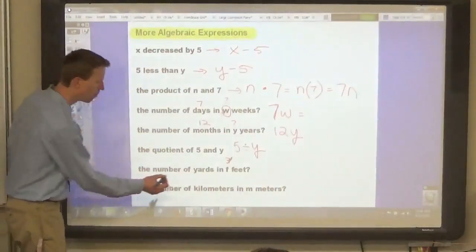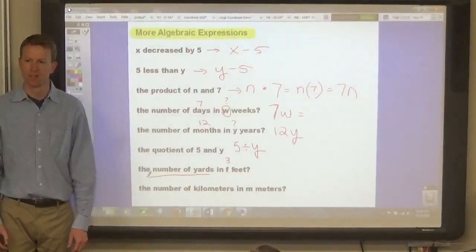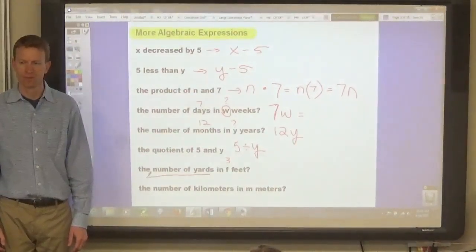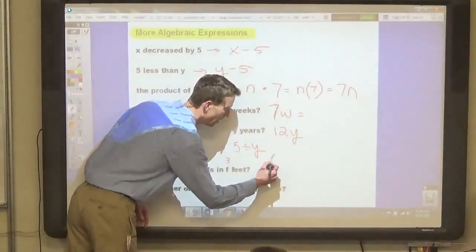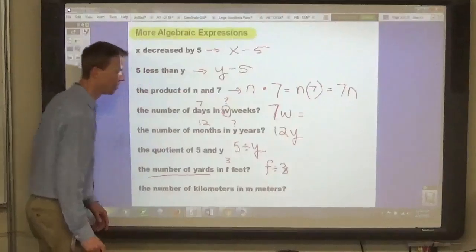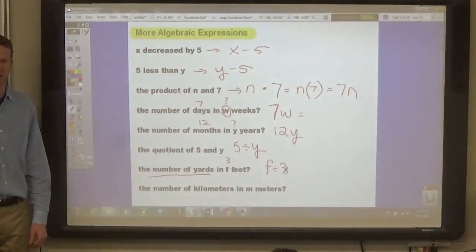How would we get the number of yards in F feet? F divided by 3. Yeah. F divided by 3 would give us the number of yards. Right?